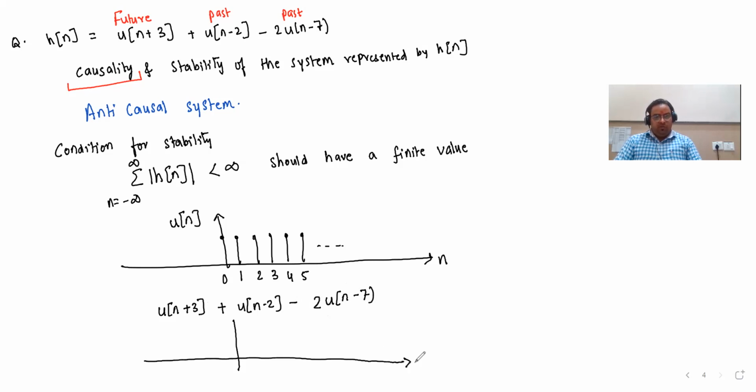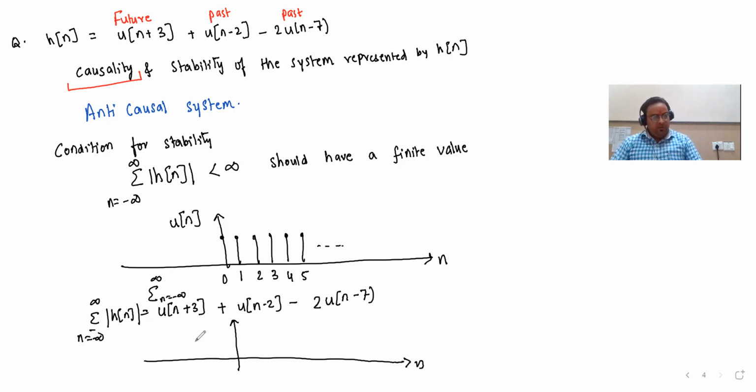The output that will be obtained here, I'm drawing here. This is basically our summation from n equal to minus infinity to infinity. That is what we are doing. We are summing it over this, for n from minus infinity to infinity.